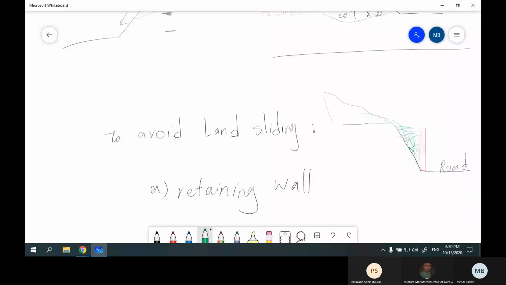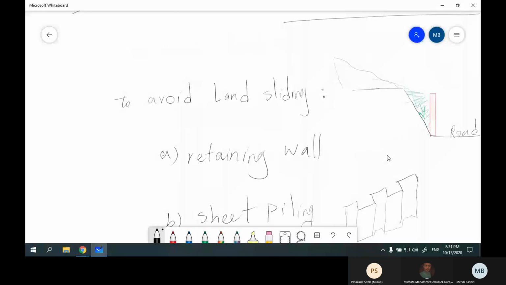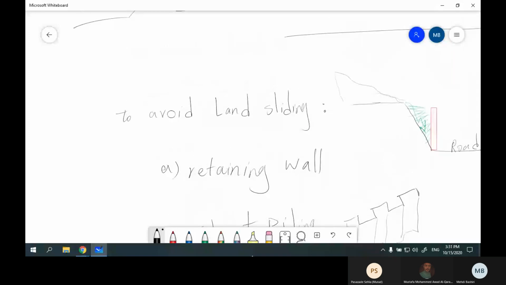The second one is sheet piling. We have some sheets like this, and if we put these sheets inside the loose part, we can prevent landsliding.